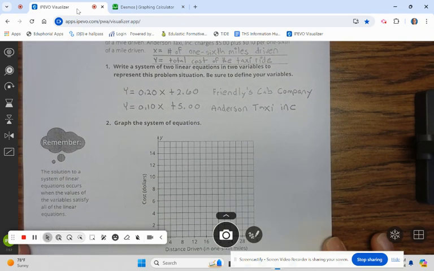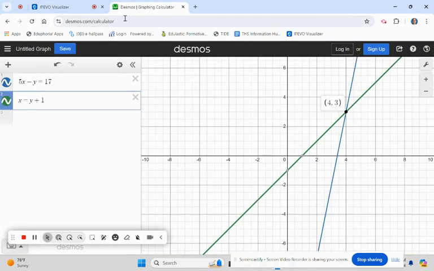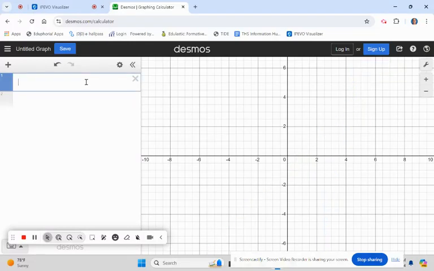Alright, we're going to graph this system. And we're not going to use this graph. We're just going to go ahead and use the Desmos graph. So we're going to graph y equals.